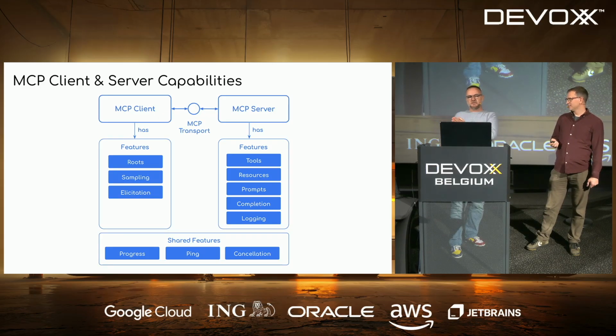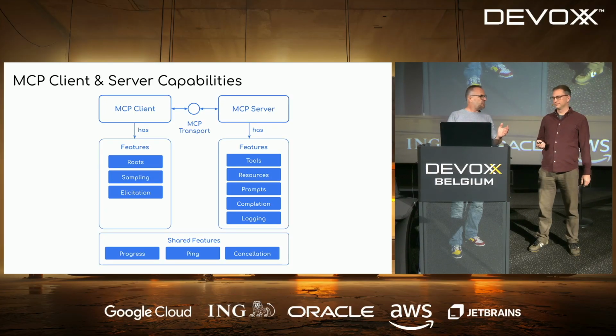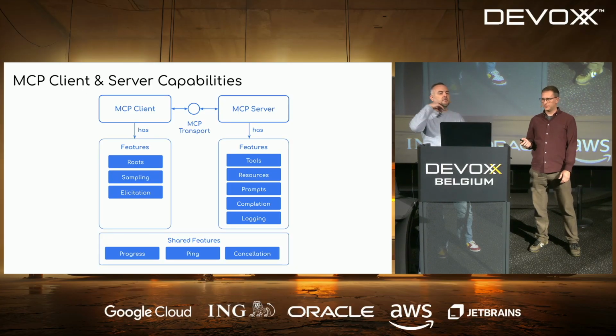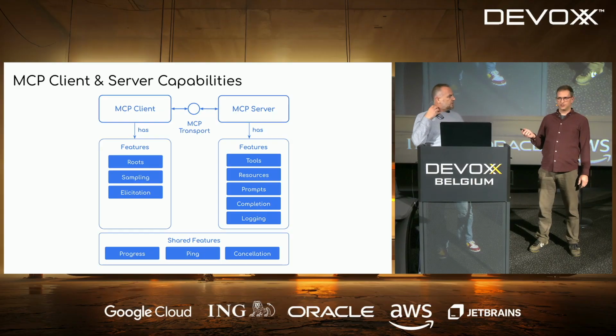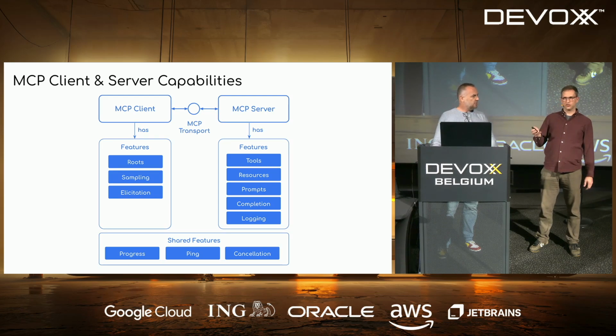So let's dive a little bit more. We're talking about the server and the sets of capabilities that can be exposed, and the client side of these capabilities. This is quite interesting, right? Because it's a dynamic protocol. It allows you to build quite interesting things. On the server side, the server can expose tools. We've seen the conference booking. That's one type of tool, so the LLM has the ability to take actions on the world.